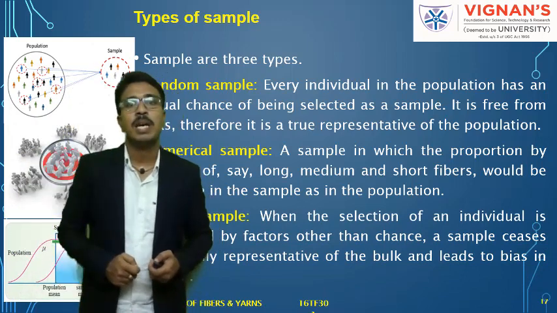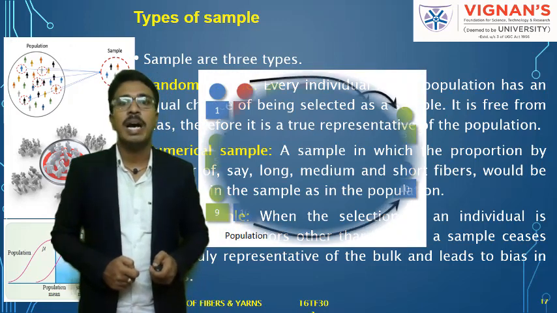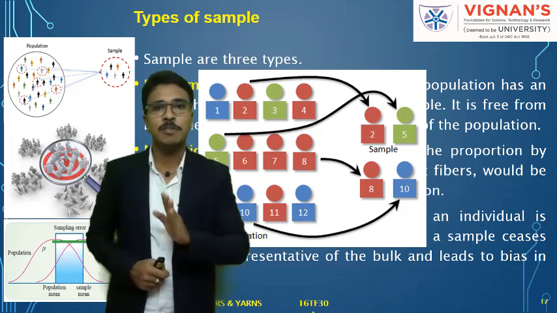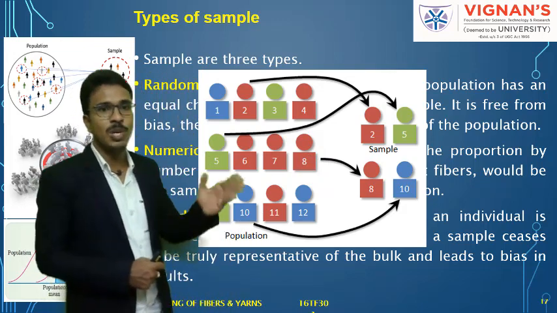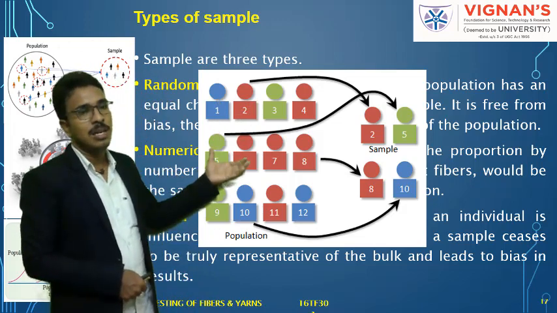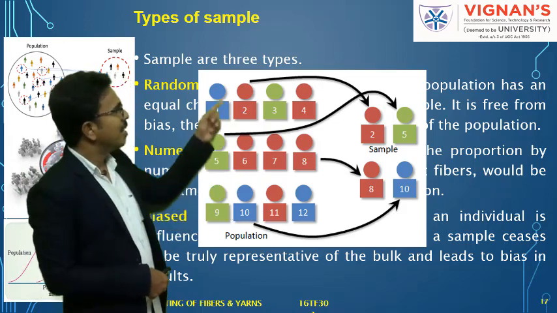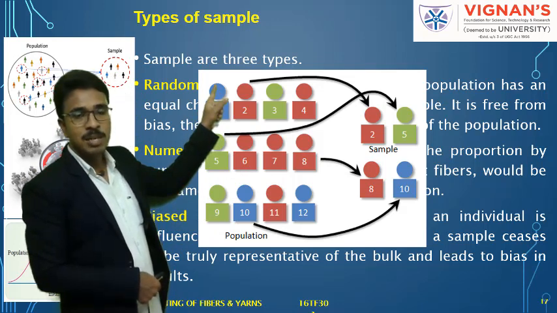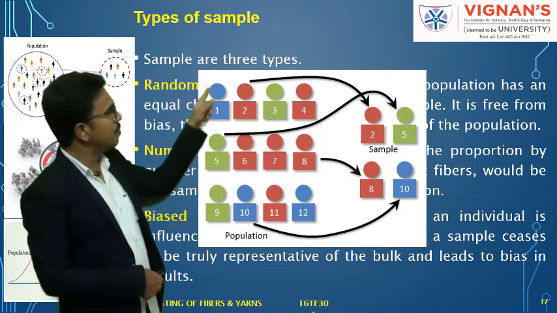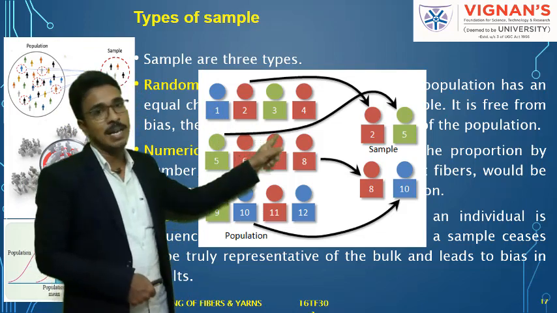And finally we have the biased sample. I told you about biased sample already. This is not the image of a biased sample, but I'll explain what a biased sample is using this image. If you take the same one, 3 rows, a total of 12 as the population, and I take the first number, the 5th number and the 9th number, so from each and every row I take the first sample, then that would be a biased sample.